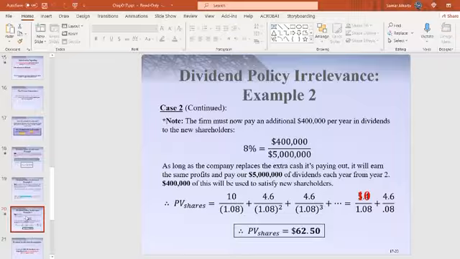Because if you are giving 10 today, from next year onwards, you will have to give 4.6, right? Because 400,000 will go to the new shareholders. Then how much money will be remaining for the existing ones? 5 million minus 400,000 is 4.6 million.